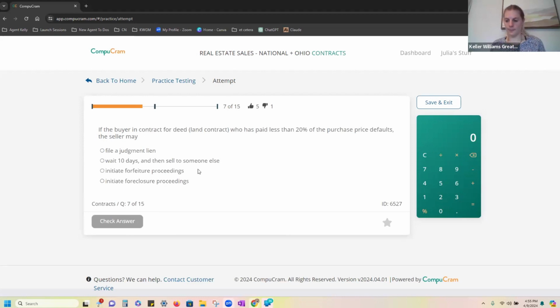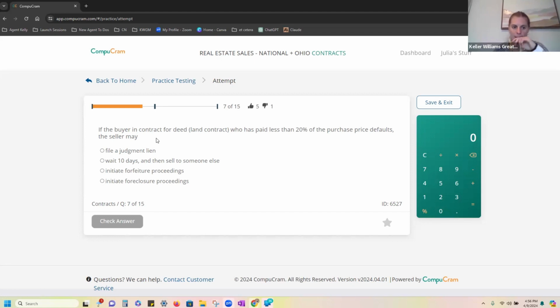Okay. If the buyer in contract for deed, parentheses land contract, who has paid less than 20% of the purchase price defaults, the seller may A, file a judgment lien, B, wait 10 days and then sell to someone else, C, initiate forfeiture proceedings, or D, initiate foreclosure proceedings.